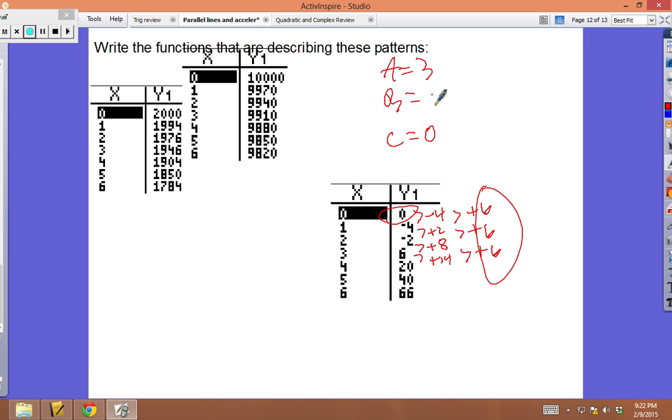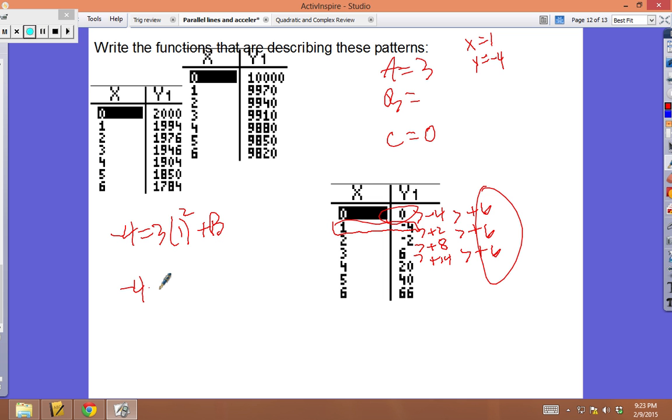Okay, now I'm going to use the algebra way. I'm going to choose this ordered pair right here: x is 1 and y is negative 4. So plug it into your model. Y equals a times x squared plus b, don't know what that is, times x. X is 1, so just leave it as b, plus c, and c is 0, so I don't worry about that.